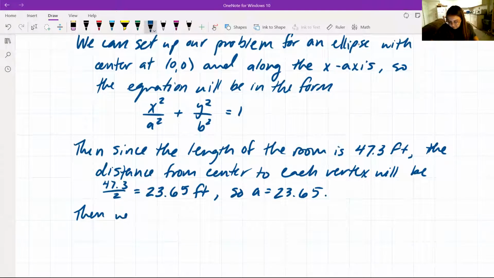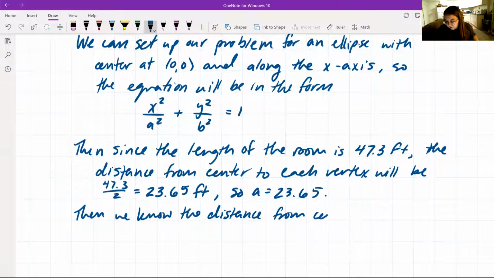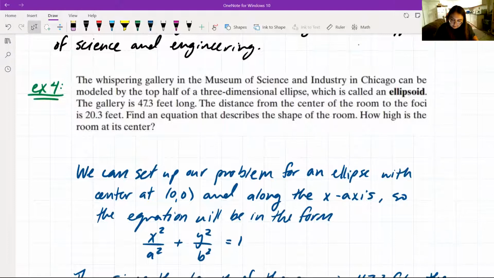Then we know the distance from the center to foci is 20.3 feet, which we were given.